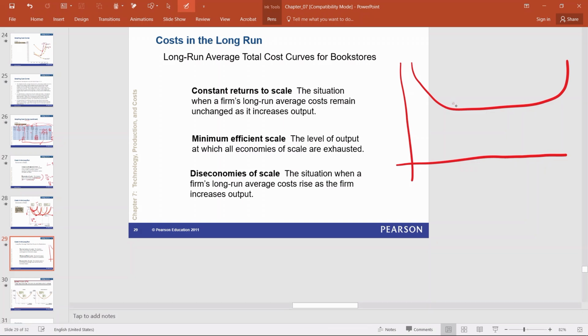This is the minimum from here to here. This is the minimum cost. If you operate at this level of Q or this level of Q, your cost is the same, constant. It's constant return to scale. So it's better for you to increase Q until you reach here, before the curve goes up.